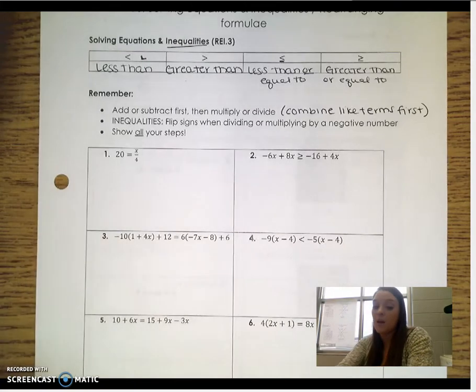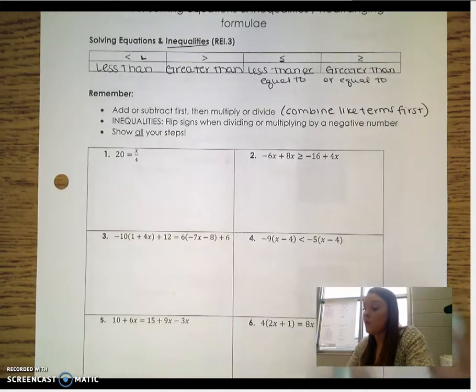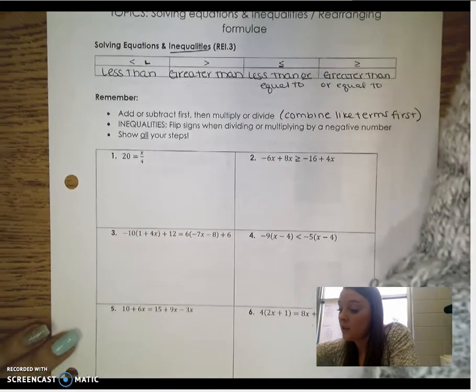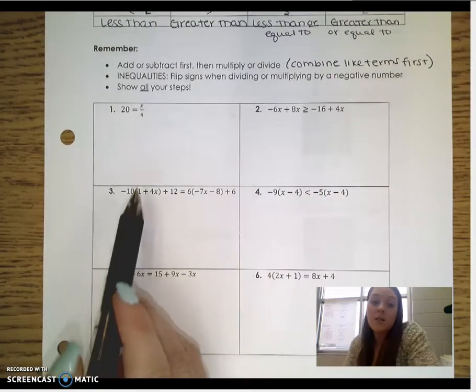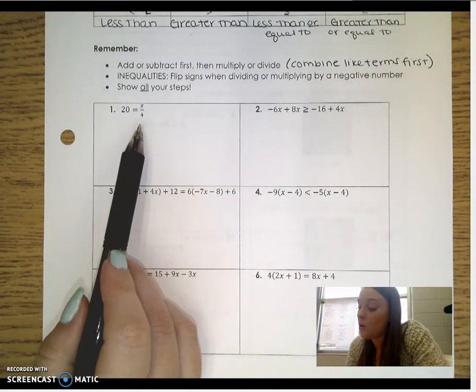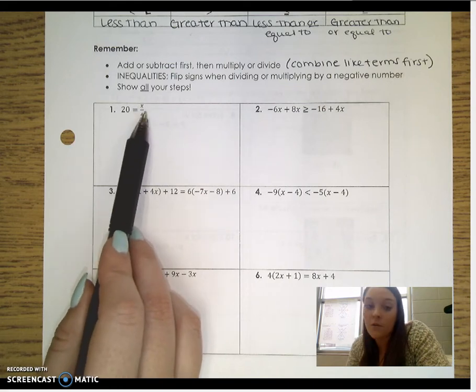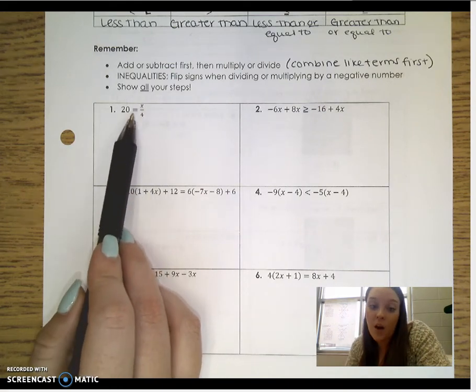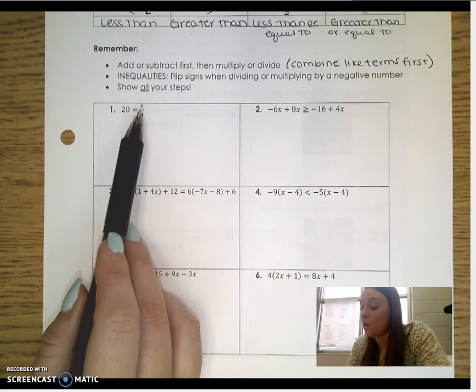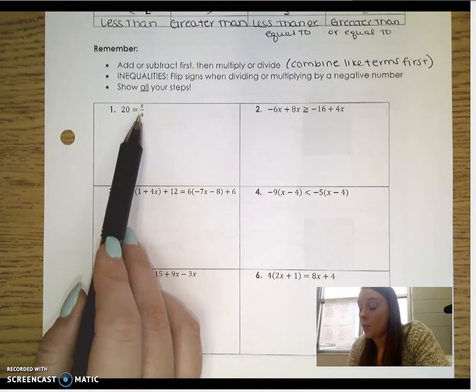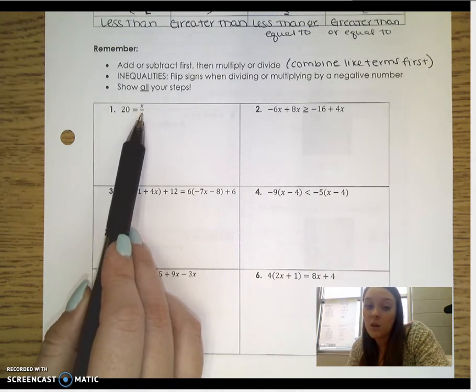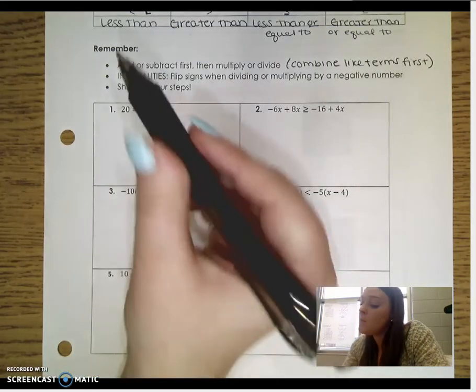So we're just going to jump right in here, and I gave 6 review examples of solving equations and inequalities. This first one says that 20 is equal to x over 4, and they want us to solve for x. Remember that a fraction is just a symbol for division. So we are going to be using inverse operations, and because this is division, we know that the inverse operation of division is multiplication.